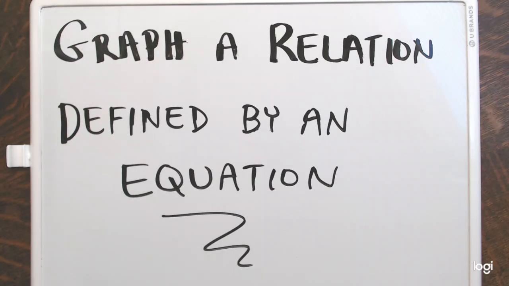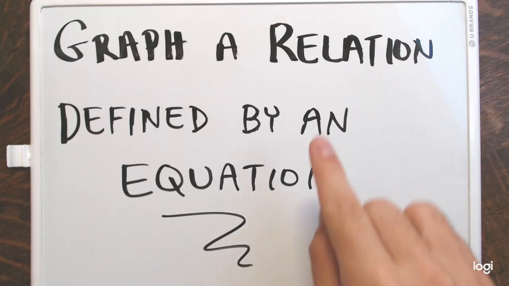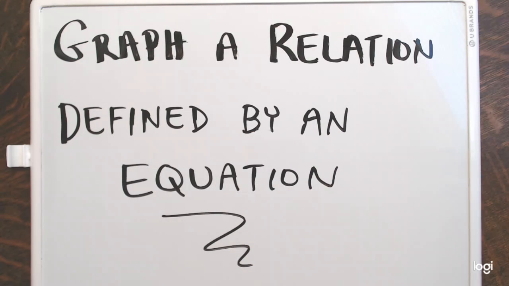So in previous videos we've seen a relation. Okay, a relation is simply a correspondence between two sets where each element of one set is related to an element of another set by some relationship.